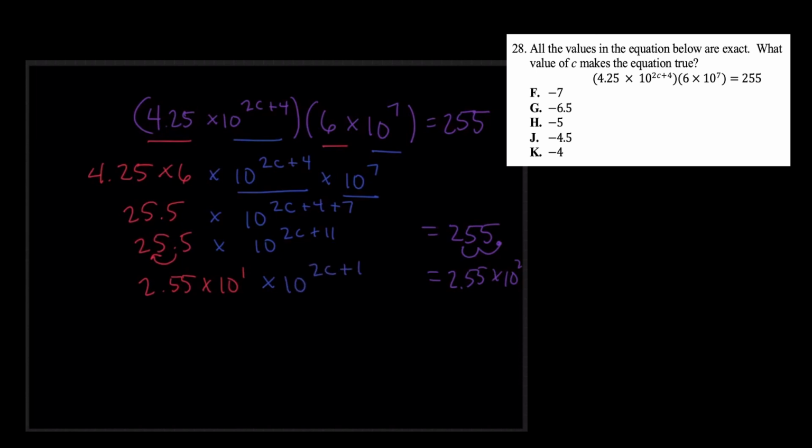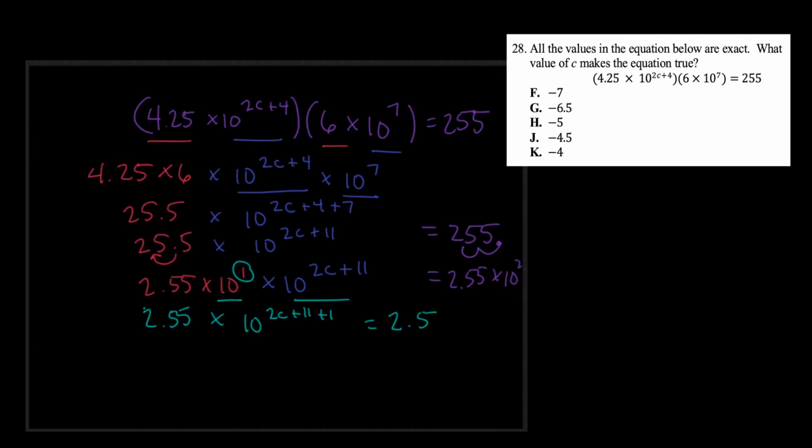And then for the final part of this problem, we're going to combine our 10s on this side. We have our 2.55 on both sides. That's going to give us a really nice cancel. So this one's going to be 10 to the 2c plus 11, and then I'm going to add the 1.